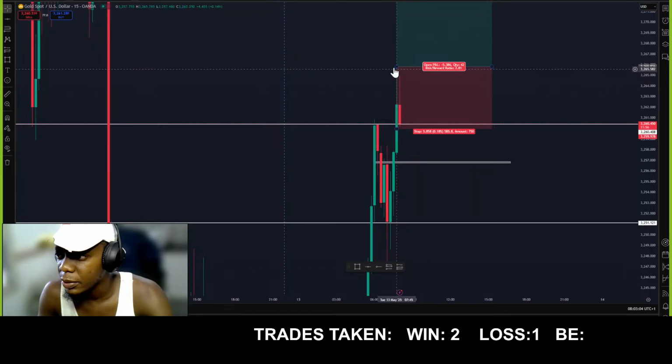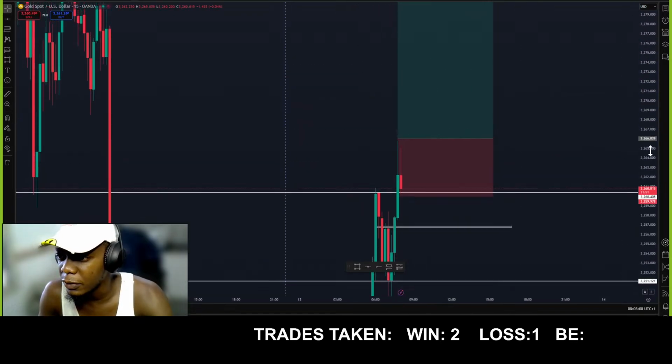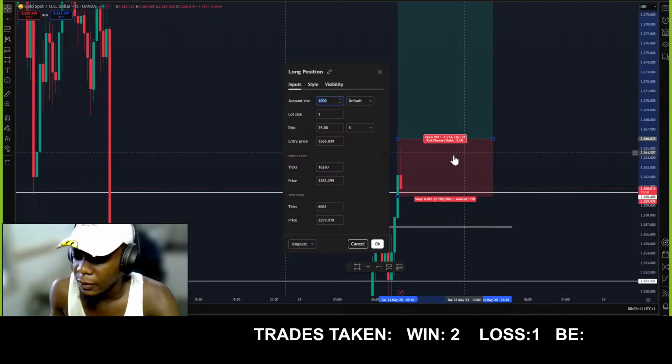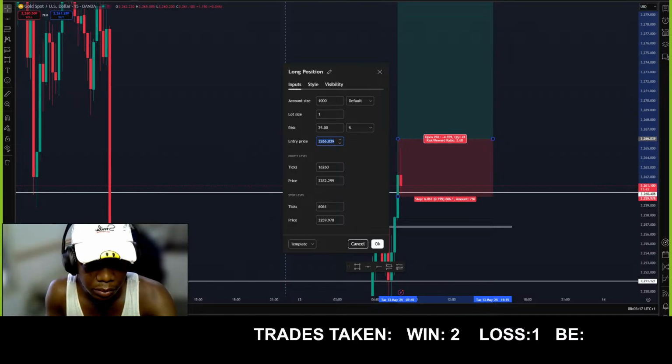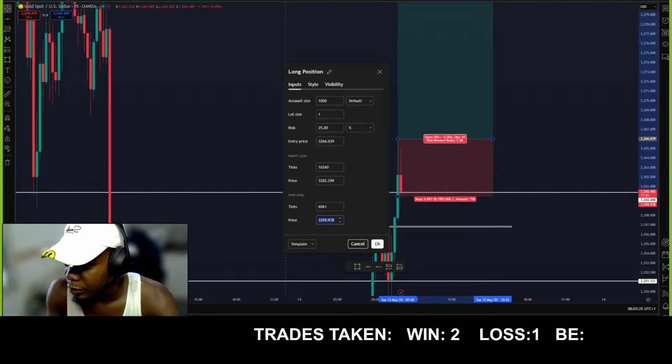So let me just send this out if possible, if it's going to play out. So let me just send this out first. This is basically the whole idea of this trade.